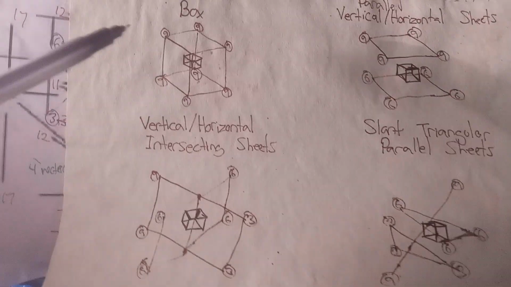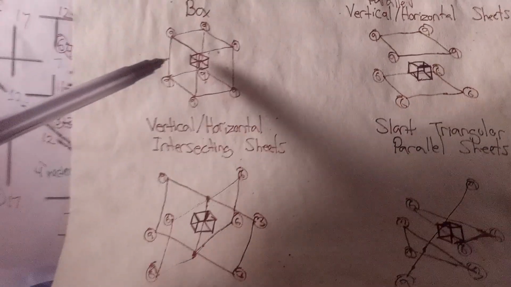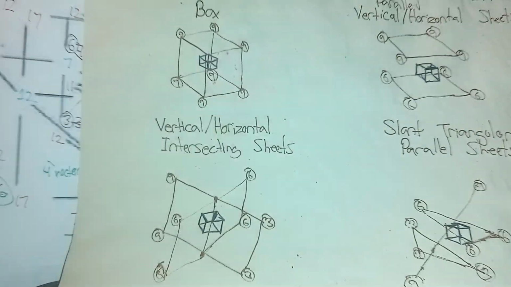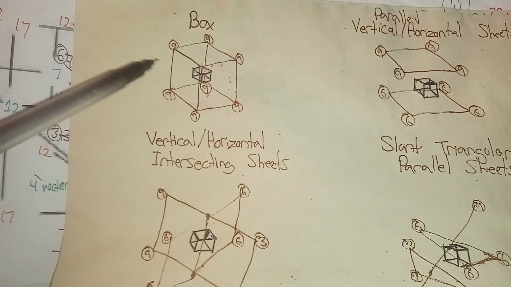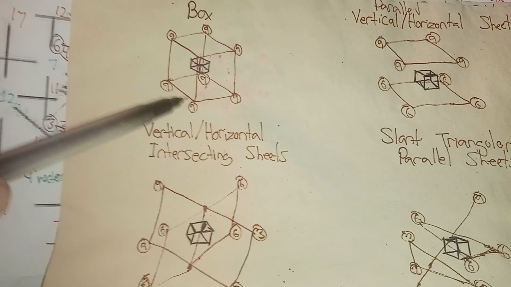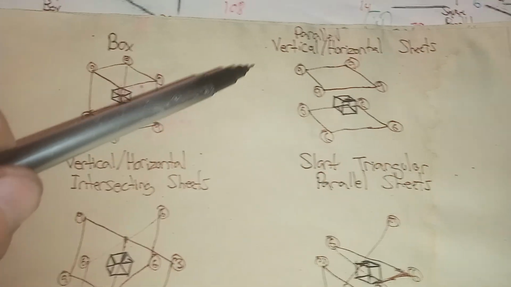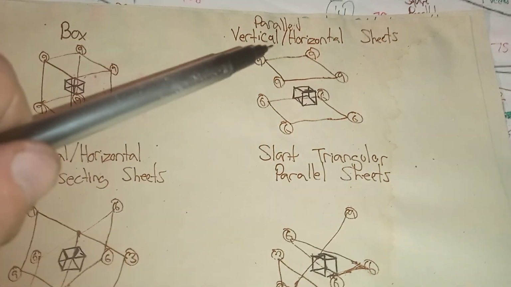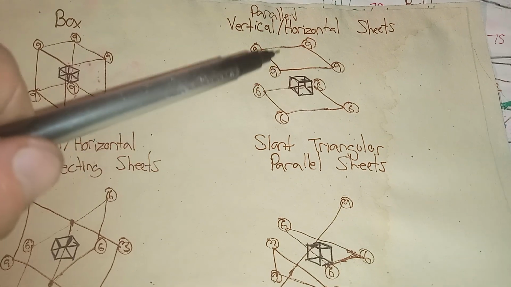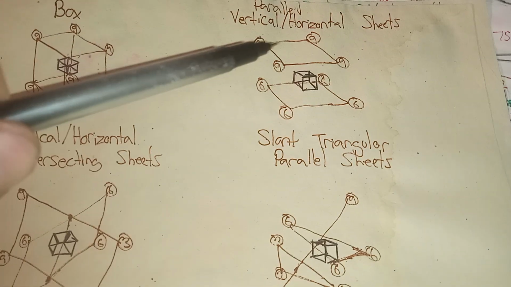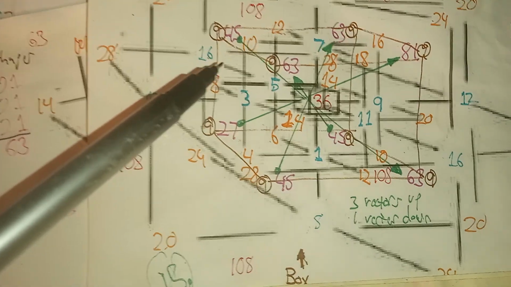This is a drawn out image of what I call a box vector system, where all the numbers are the same. I call this a parallel vector or horizontal sheet, where the numbers are the same and they're connected to each other. These are the inner ghost numbers that I color purple.